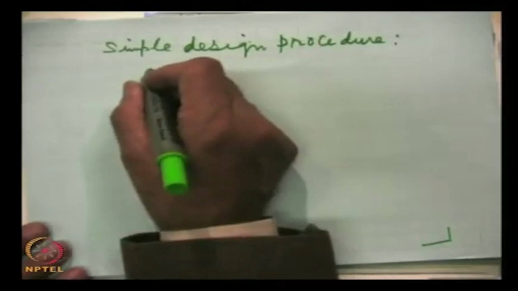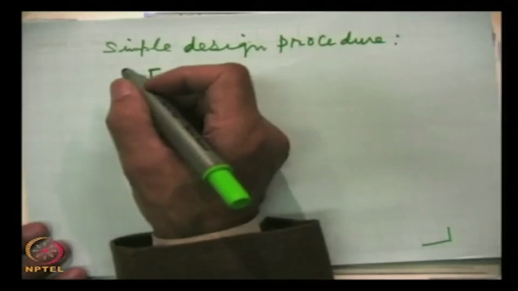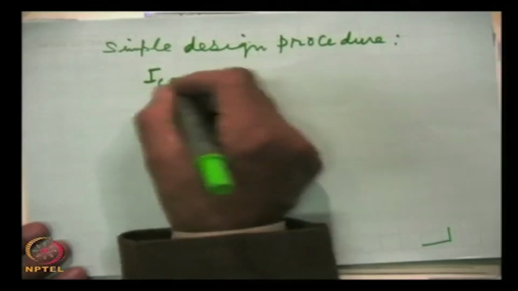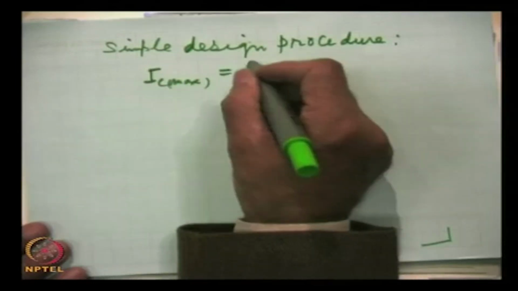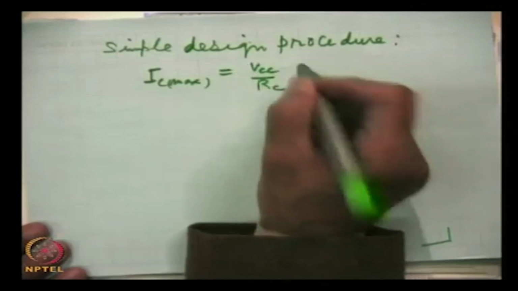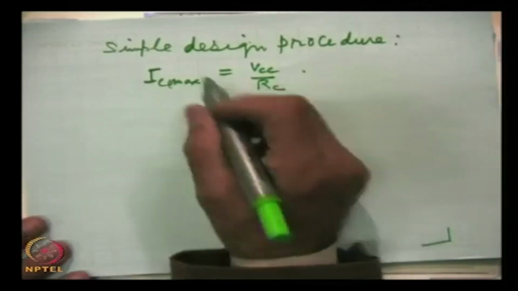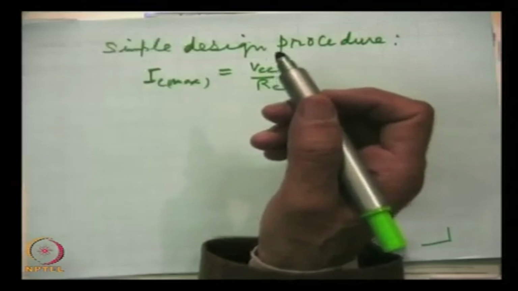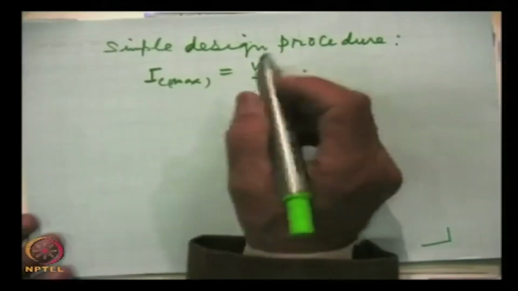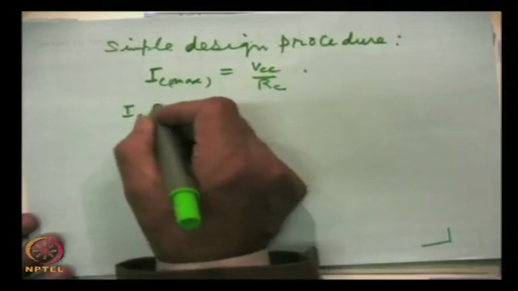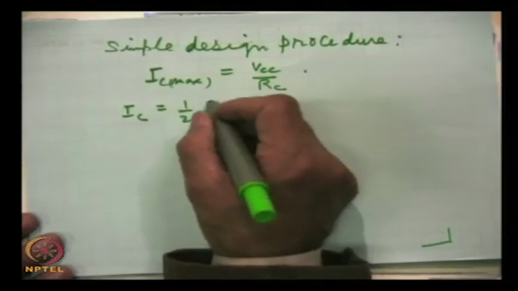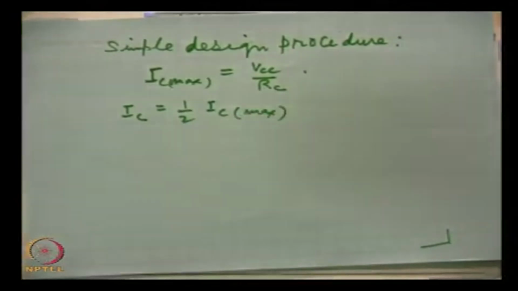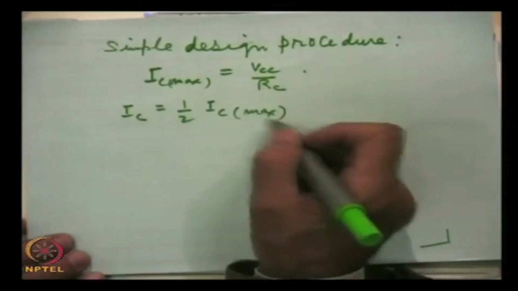We know from the load line that the maximum current IC is equal to Vcc by RC, and either from the graph we can take it where the load line cuts the y axis, or we can use this procedure, which is quite safe, to take half of IC max given by the manufacturer in the manual.